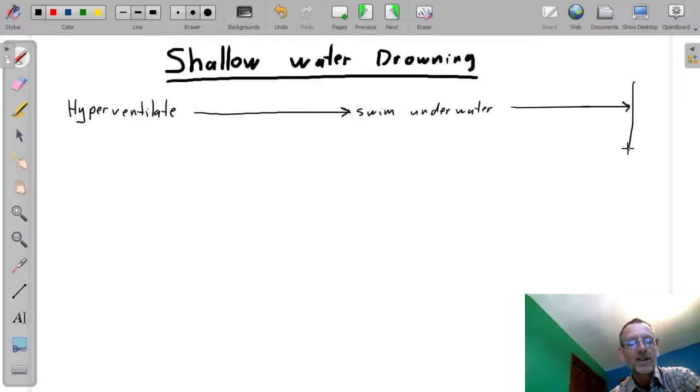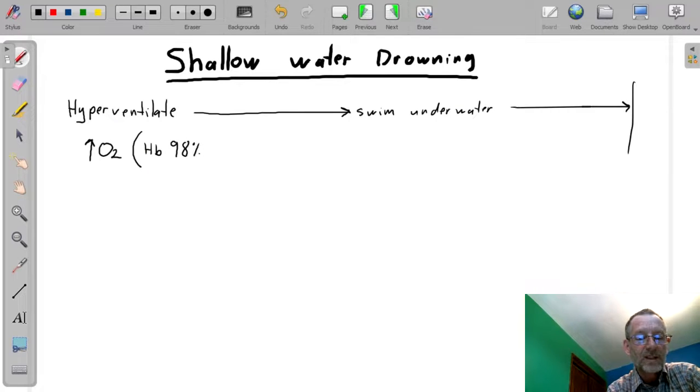Well, what was happening? What's the danger in this? Well, as a 10-year-old kid, we thought that when we were hyperventilating, we were increasing the oxygen level in our blood. That made sense in our mind, but that wasn't the case. Remember, from our oxygen hemoglobin saturation curve, that at normal alveolar PO2, which we were, the hemoglobin was already 98% saturated with oxygen.